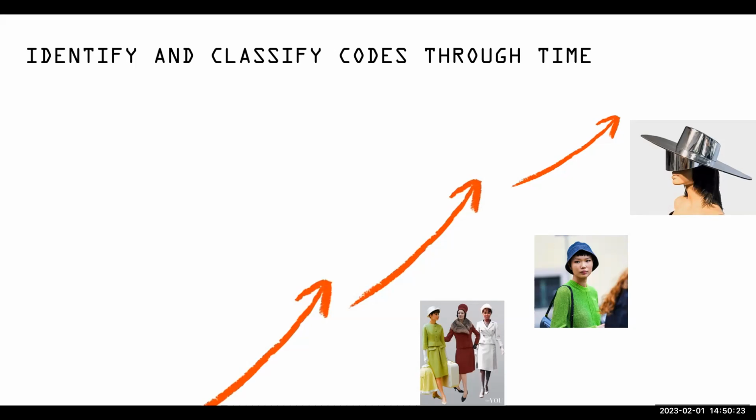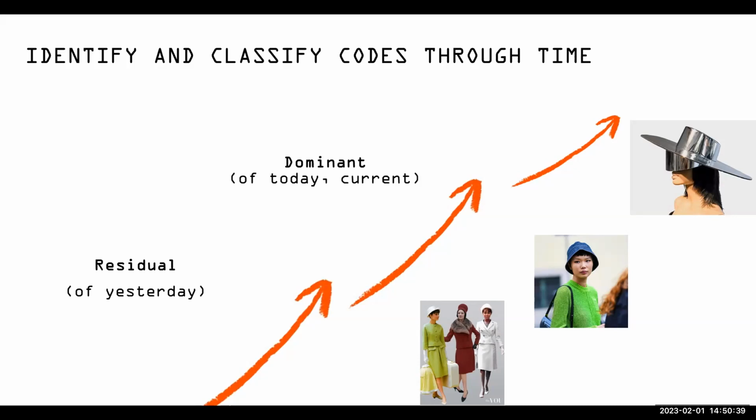Or you create periods, and you try and understand how a symbol has changed in meaning over time. So this is how fashion has changed over time. Residual, as of yesterday; dominant, which is what is now; and emergent, which is tomorrow.